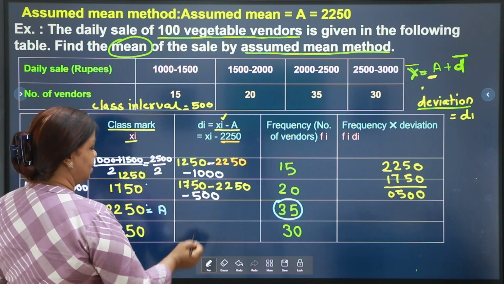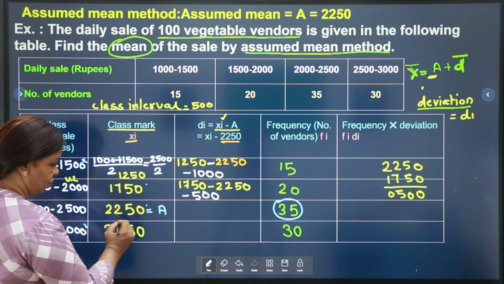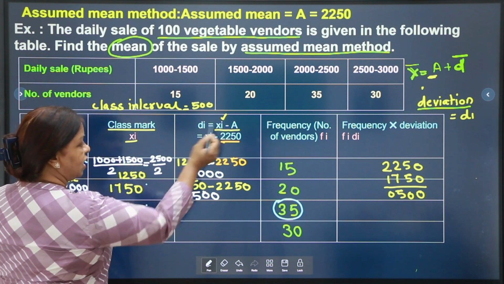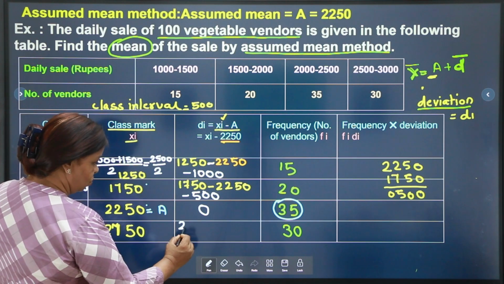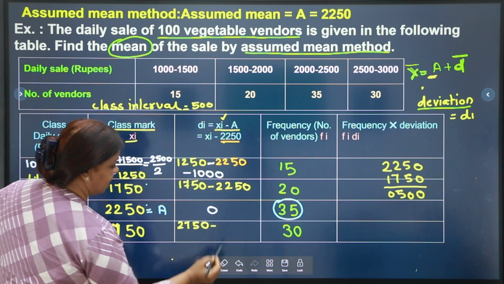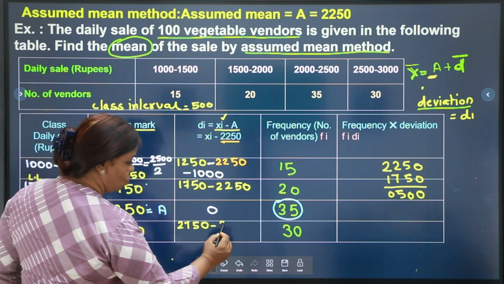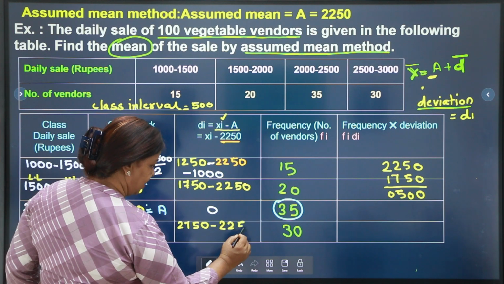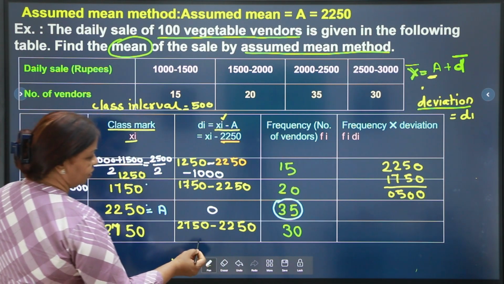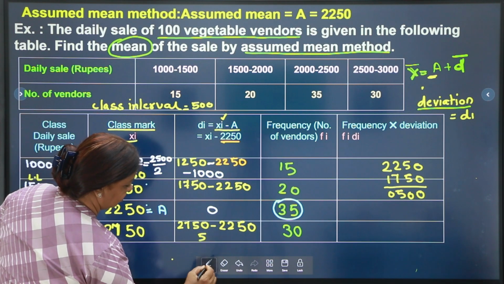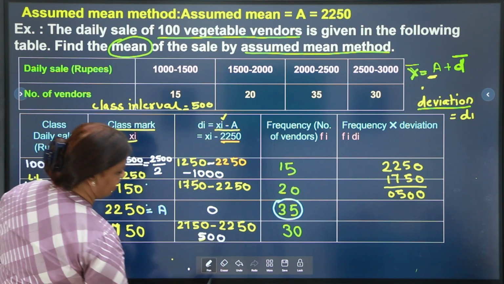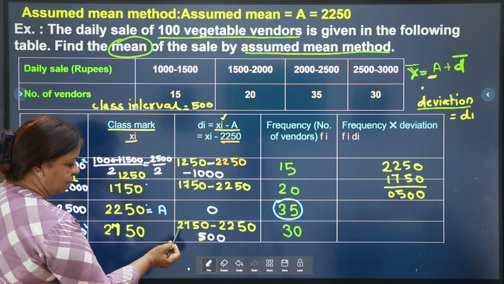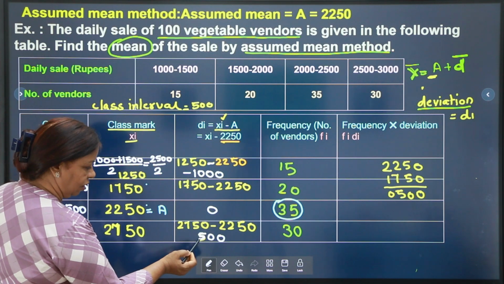Now the next xi is 2250, and 2250 minus 2250 will be 0. And the next one is 2750 minus a, which is 2250. So it will be 500. The sign of the greater number, 2750, is plus, so here it will be plus 500.